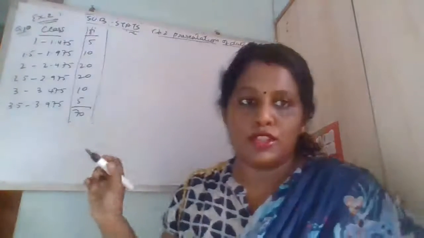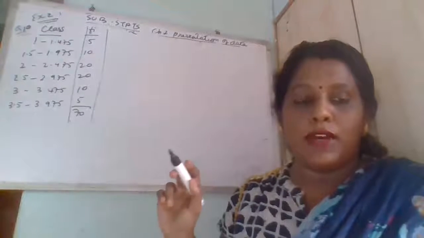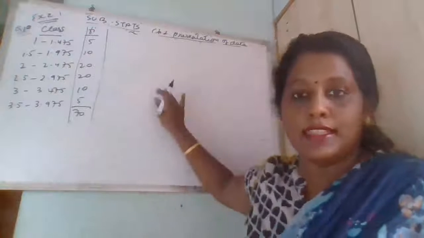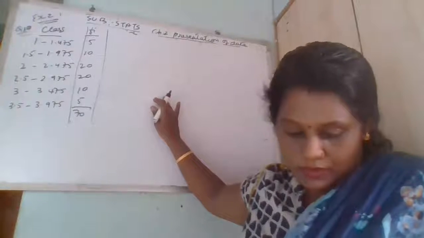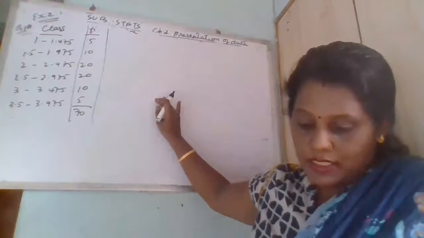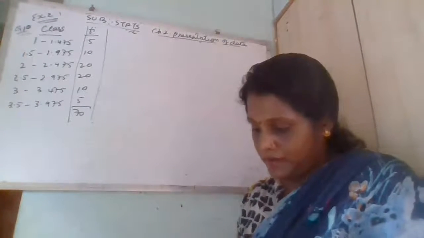So this is your question. Classes are given: 1 to 1.475, then 1.475 to 1.975. So this is your class and this is your frequency. What you have to find is the class boundary points. Boundary point means lower boundary point and upper boundary point, right?